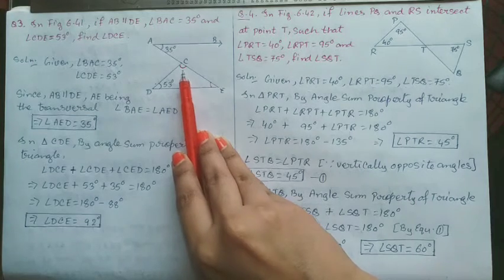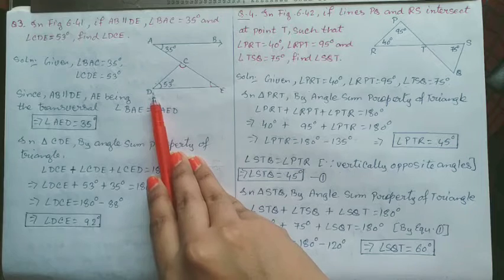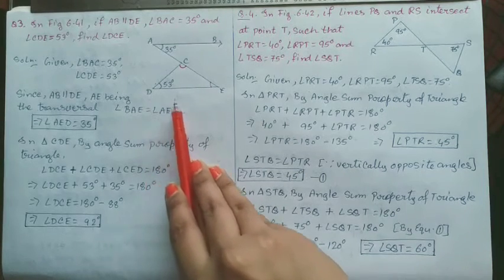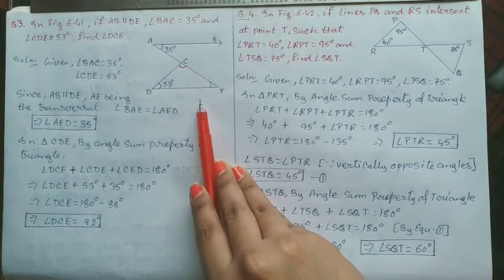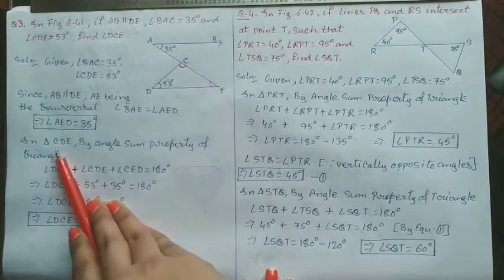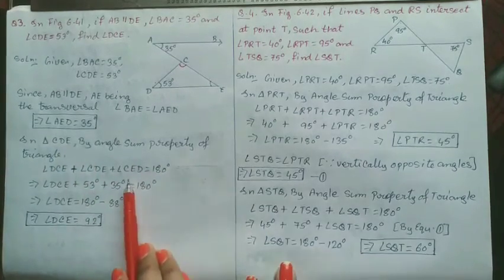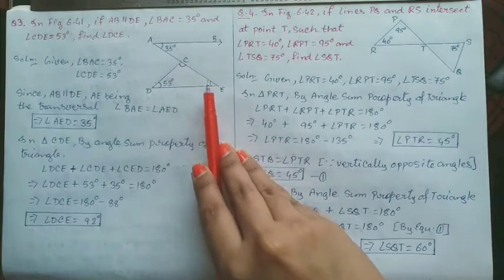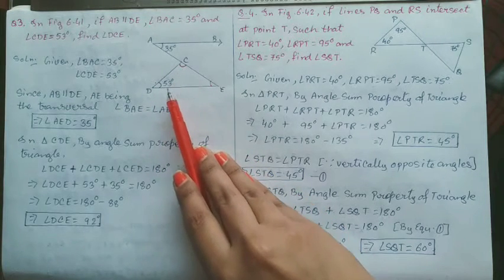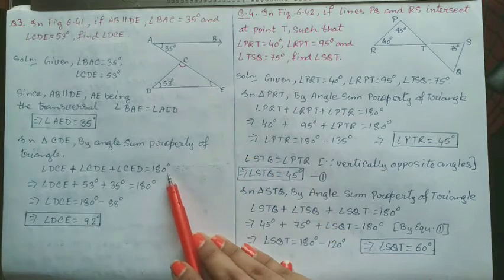Since in triangle CDE we know the values of angle D and angle E, then we can easily find out the value of angle C, right? By the angle sum property of a triangle. So in triangle CDE, DCE plus CDE plus CED is equal to 180.